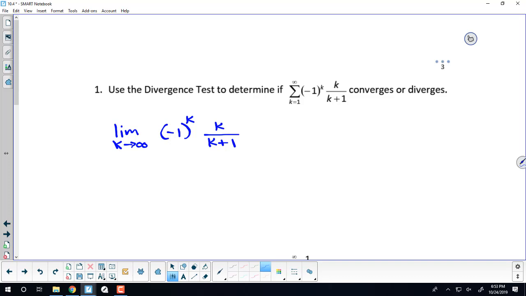So, the (-1)^k could be a little potential of an issue, I guess, if you looked at it too thoroughly. What about the k over k plus 1? As k approaches infinity, that approaches 1. Okay, so we'll just say that this thing approaches 1.